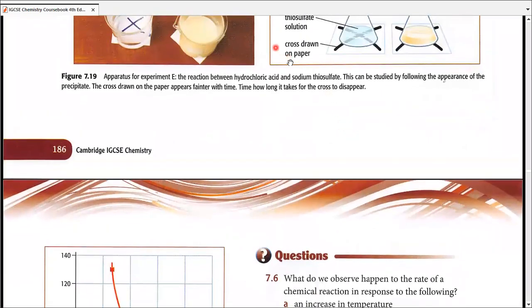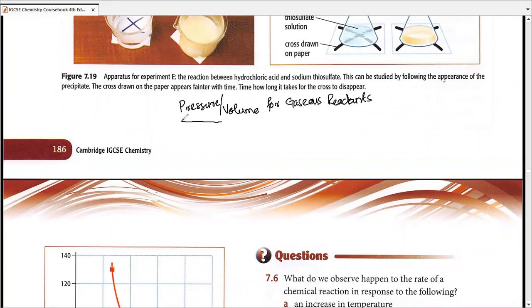All right? Okay, coming back to it, there was a factor in which we discussed pressure and volume as a factor for gaseous reactants. Now, let me clarify that for gaseous reactants, the volume actually acts as concentration for gases.